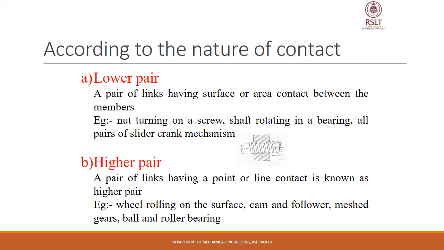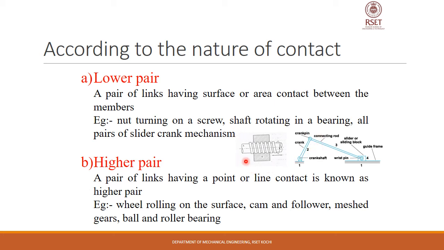Another example is the pairs of a slider crank mechanism, which I discussed in the previous slide. That is links 1 and 2, 2 and 3, 3 and 4, and 4 and 1. So there are 4 kinematic pairs in a slider crank mechanism. Each of these kinematic pairs is a lower pair.